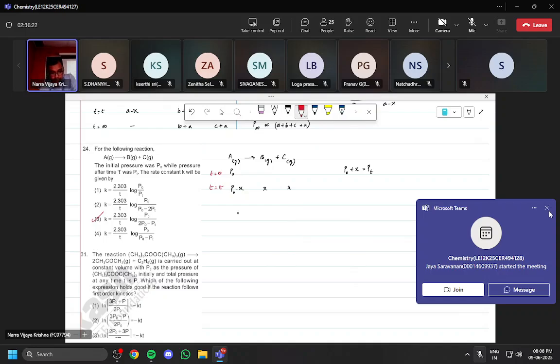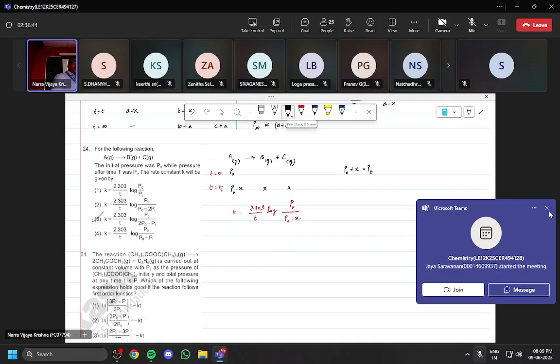Now, what is the rate constant K equal to? 2.303 by T log initial concentration by final concentration. Means what I have to write? P naught upon P naught minus X. This is A naught, this is AT.